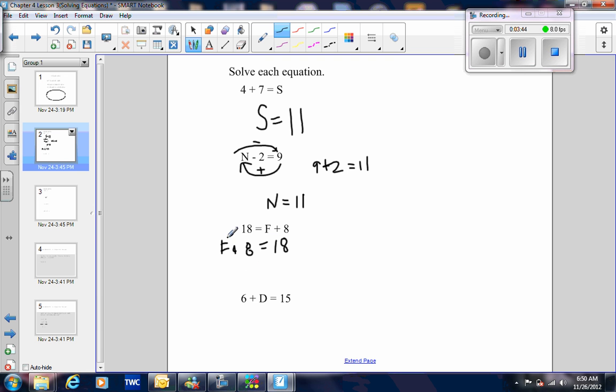Now again, if I'm working in this direction and I am adding, I should be able to start at the end here, and do the opposite, which would be subtracting. 18 minus 8 is equal to 10. And that means that f has to equal 10.